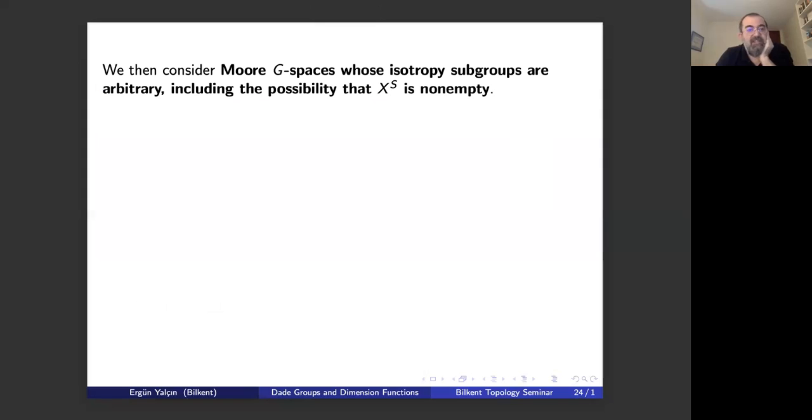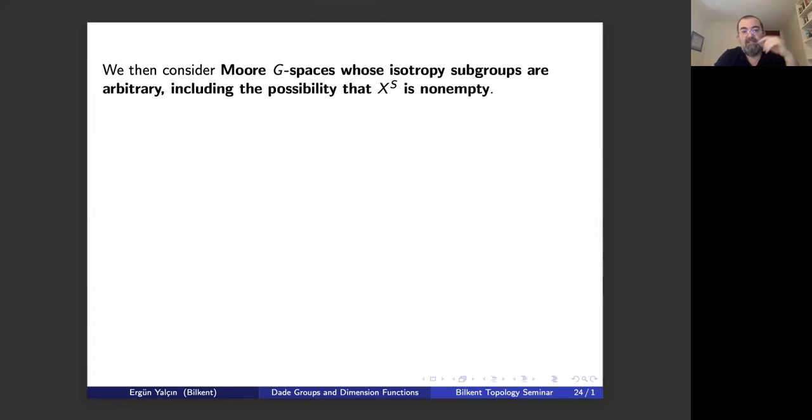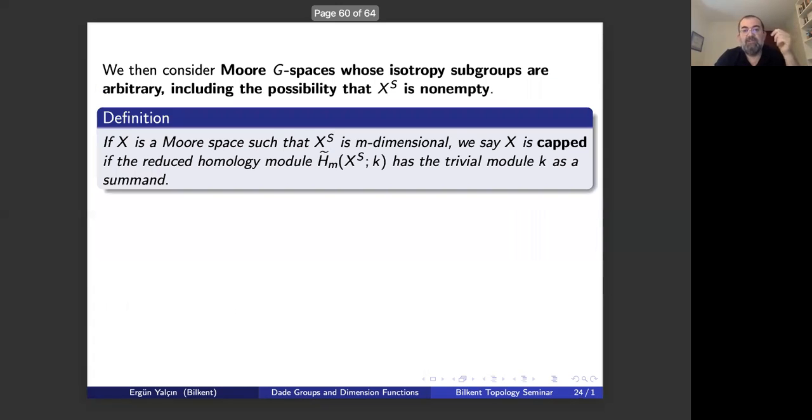So, last slides. The assumption that point stabilizers are non-zero is a little bit technical and actually too strong for even covering representation spheres, because point stabilizers of actions on representation spheres are not non-zero p-subgroups. So we extend this whole thing to the possibility that S fixed points are non-empty.